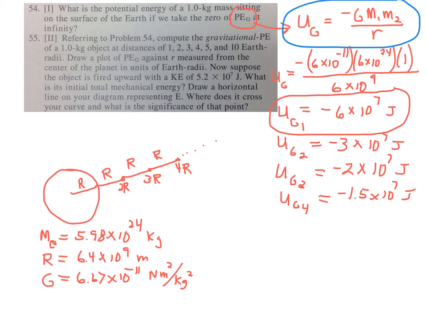U sub G5, rounded off roughly, is negative 1 times 10 to the 7th joules, and finally U sub G10 will be 1/10 of the original, so it'll essentially be negative 0.6 times 10 to the 7th joules. It's going to get closer and closer to 0, but that's a higher and higher number. These numbers are increasing because they're getting less and less negative as they go along here.